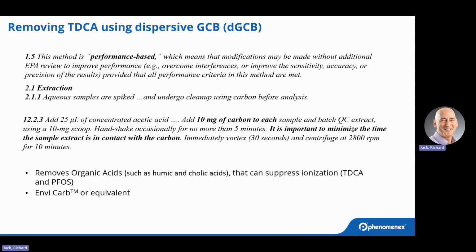And then they tell you to vortex it for 30 seconds to mix it well, and finally centrifuge it for about 10 minutes. So the purpose of this is to remove organic acids, humic, cholic acids, and TDCA is known to suppress ionization and interfere with PFAS analysis. Another approach I'll mention briefly is a stack cartridge, such as EnviroCarb or some sort of equivalent. It can also be used as part of this process.